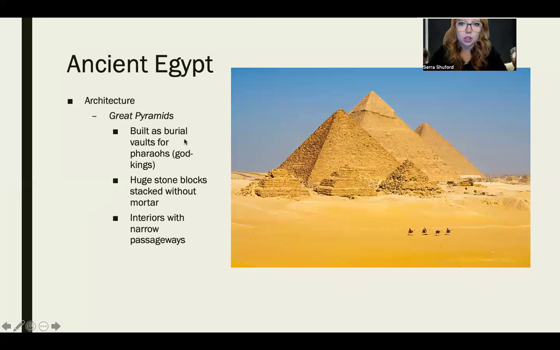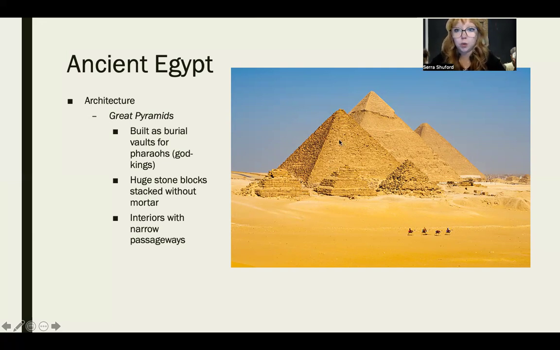Obviously, for architecture, the Great Pyramids were built as burial vaults for the pharaohs or the god kings, as they were more so known. We've talked about this a little bit already, but there was such a value placed on religion and the afterlife in these early traditional arts. So much so that their largest, most complex, most expensive sculpture, architecture, and painting was dedicated not to the living, but to the dead.